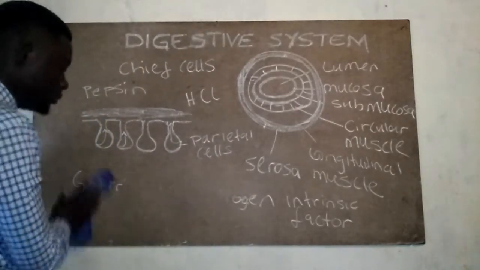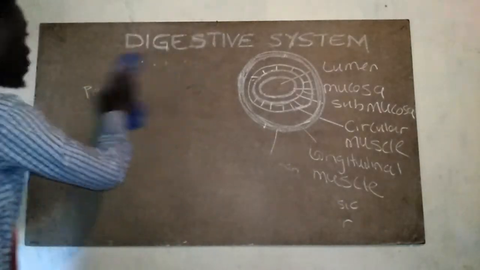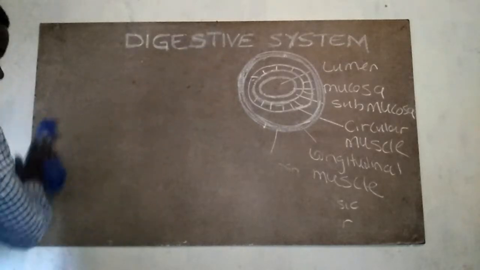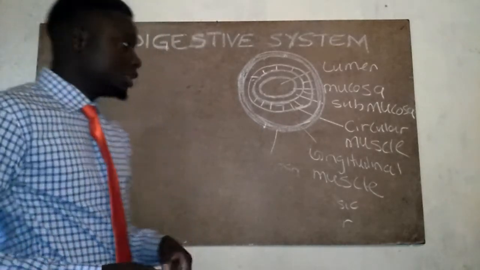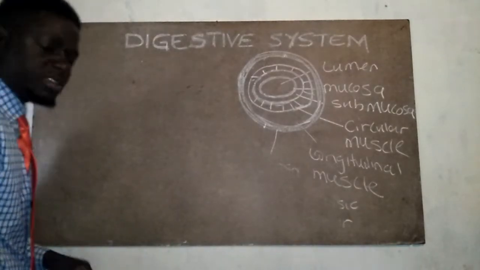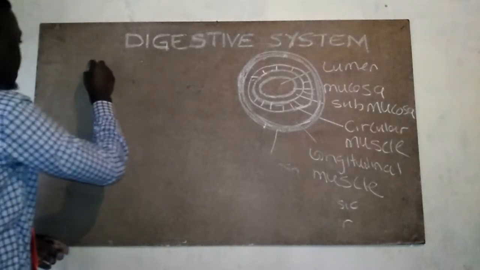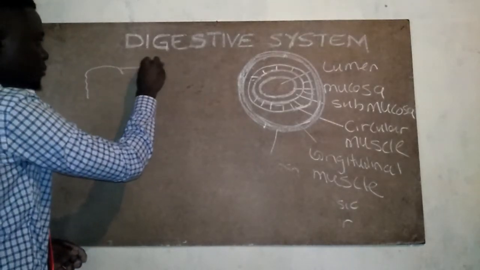Now, what we want to do is look at some various accessory organs of the digestive system. So, for example, we can talk of the liver. The liver is in two lobes.